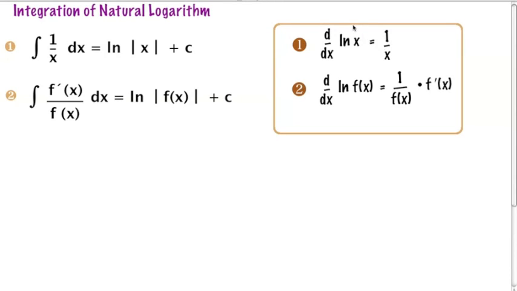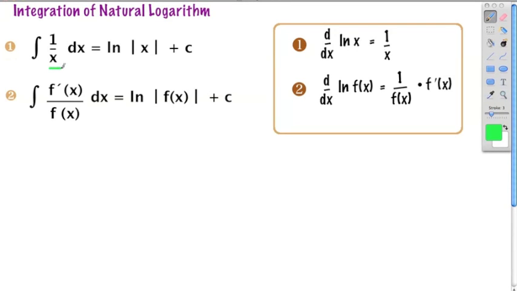In the earlier part, I showed you that if we want to find the derivative of ln x, we simply get 1 over x. But now the case is we want to find the integration of 1 over x. So the answer will be ln x plus some constant. And you can see here, it's actually just the reverse process of finding the derivative.